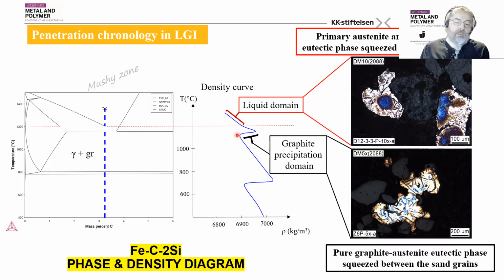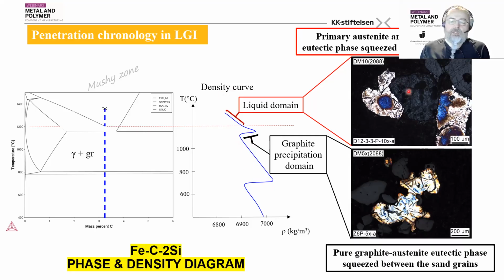Of course, the graphite continues to precipitate in a smaller amount, but the density variation will be dominated by the shrinkage of the austenitic phase, and then we can observe another density variation around the solid state transformation, but that is not important for our reason.